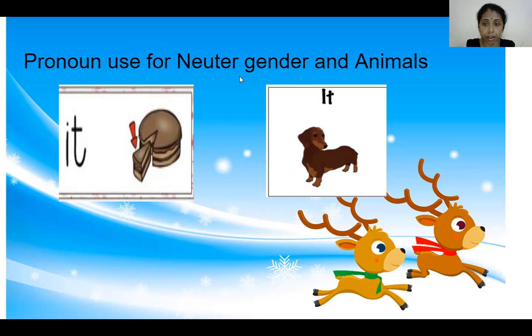For neuter gender and for animals, we will use it. Okay, now I will show you how we will use those pronouns according to gender with some examples.